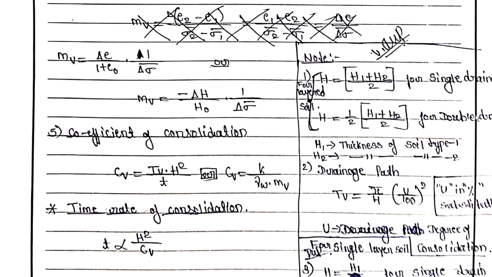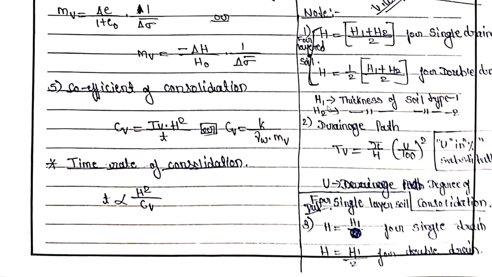So generally for single drainage condition we consider the average, and half of this average for double drainage. H1 is thickness of soil type 1, H2 is thickness of soil type 2.